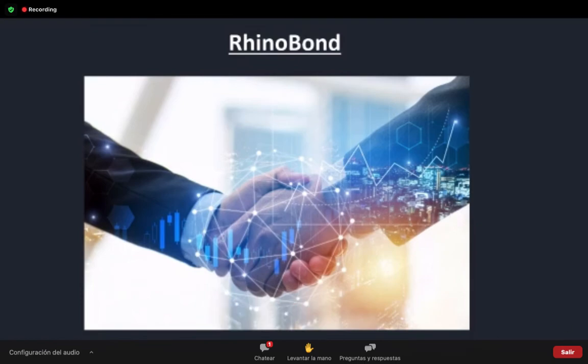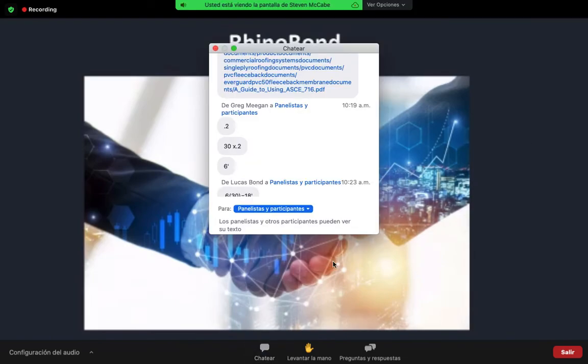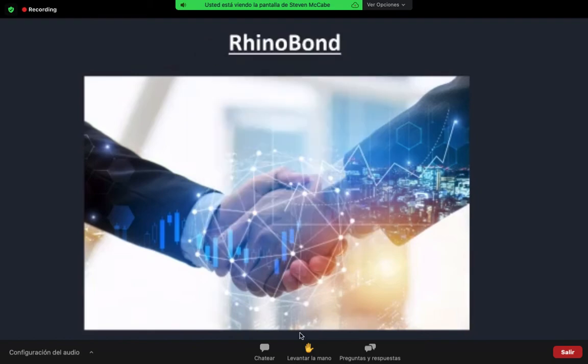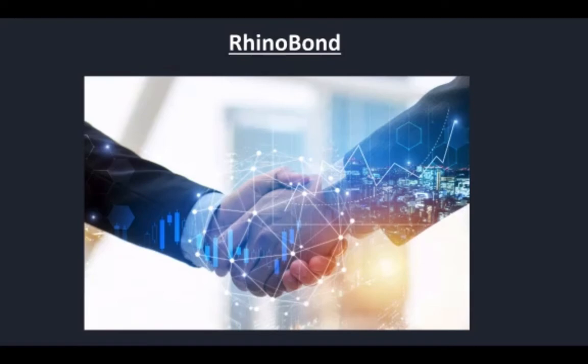And Steven, just real quick, we did mechanically attached yesterday, and there were different ways to install it. RhinoBond, same way, different ways you can install it. Here, technically, there's only one way, staggering. So there was less content here compared to yesterday and tomorrow. You're still using the fasteners here. It is what it is.